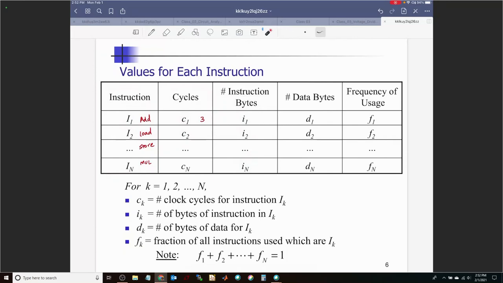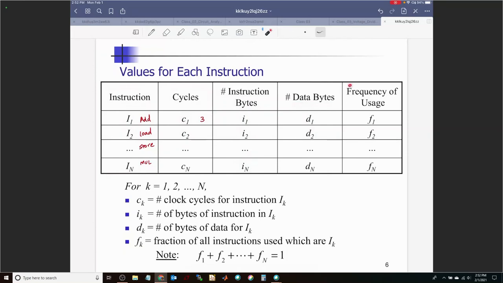Next, an instruction will have two things, right? It will have the instruction, but it will also have the operand. So I'd also need data bytes, bytes required for data operands. So I have small d1, small d2, and so on to indicate bytes per data operand for that particular instruction.